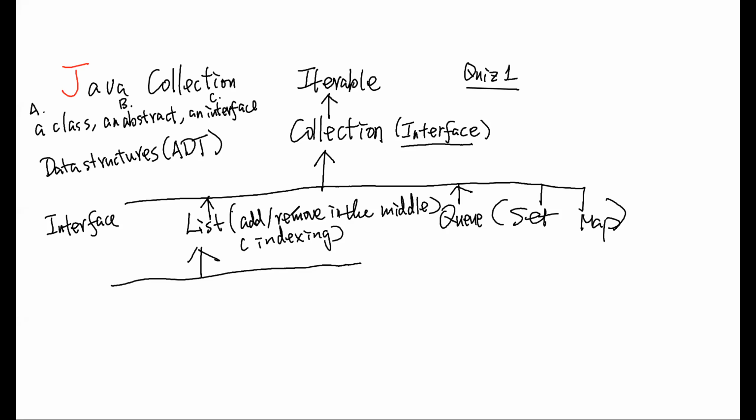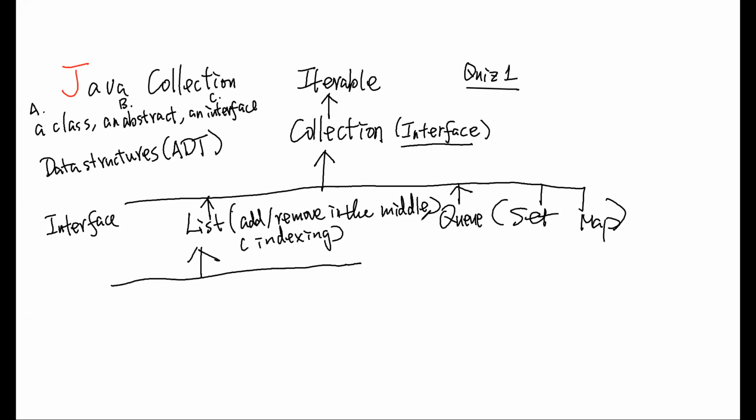If you recall previously, we also learned another interface, queue, regarding the data structures stack, queue, deque, and linked list that we learned. When we learned queue, we said it's an interface.